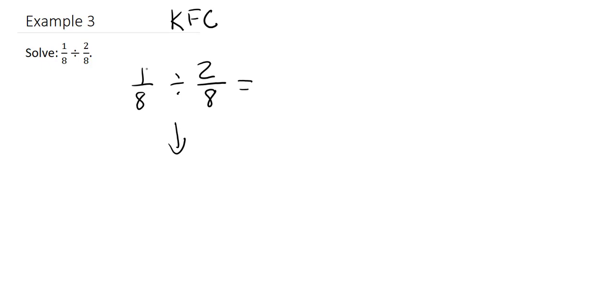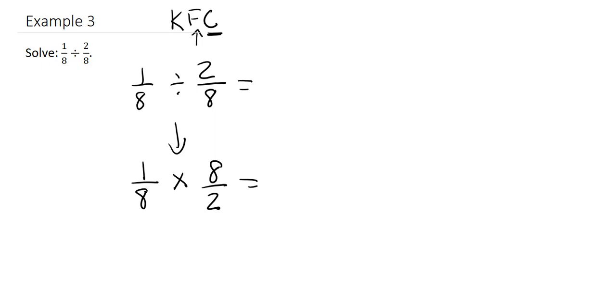So 1/8 will just stay the same. We're going to keep that first fraction. The F is for flip. So we're going to go 8 over 2 now, and then we're going to change the sign. So that's multiplication now. Now we have the problem set up in a way we can solve.